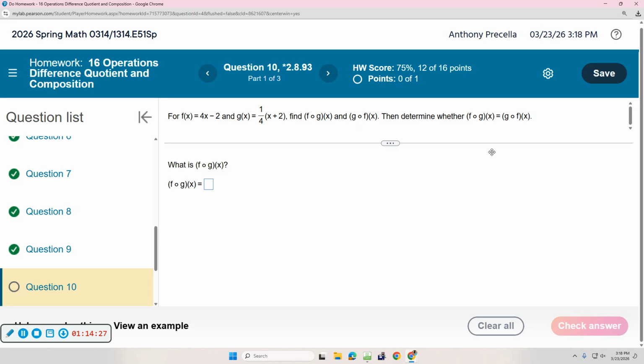Number 10. f of x is equal to 4x minus 2, and g of x is the fraction 1/4 times the sum x plus 2.